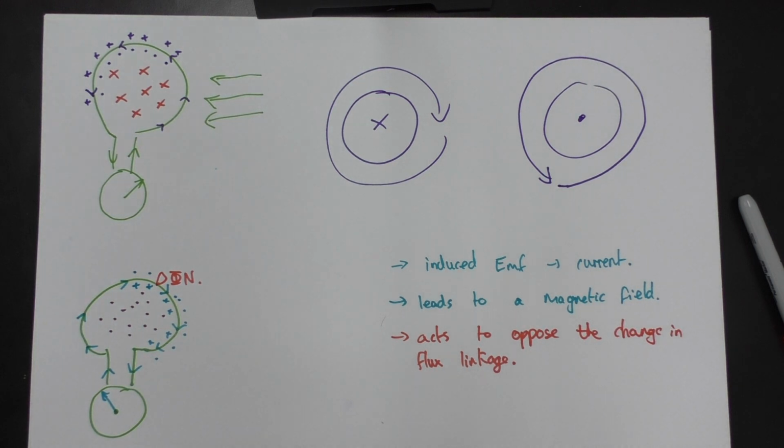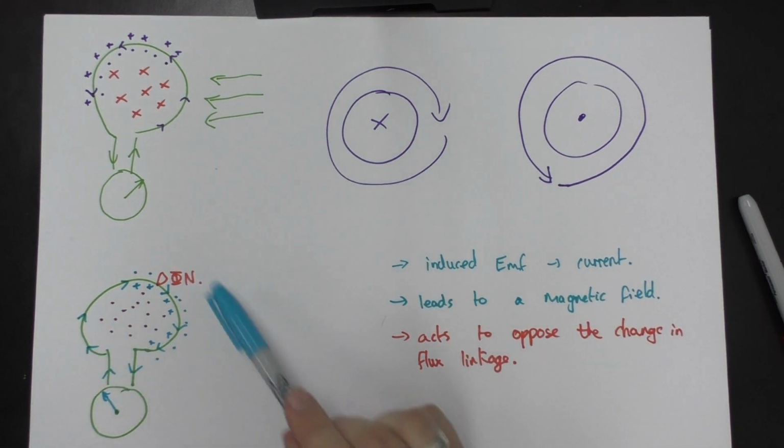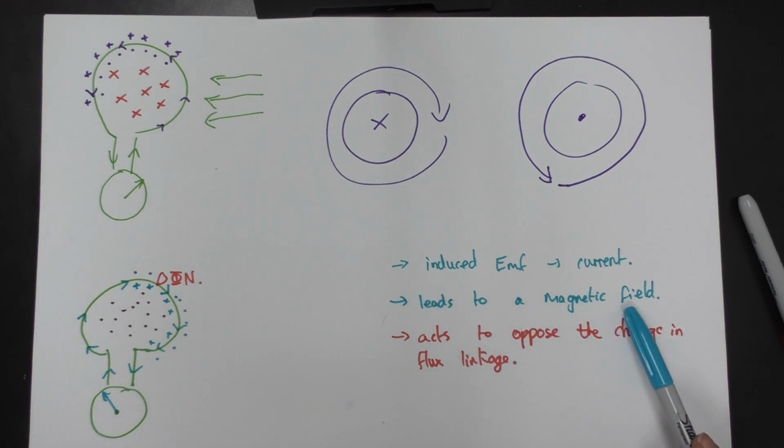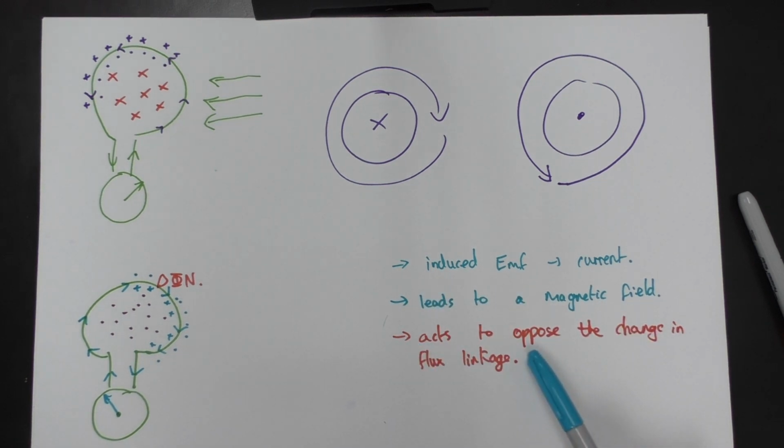And so the idea of that, again, is the induced EMF creates a current. So now we've got a current. This leads to a magnetic field. This magnetic field acts to oppose the change in flux linkage. And so as a result, we get the opposite current observed in this situation.